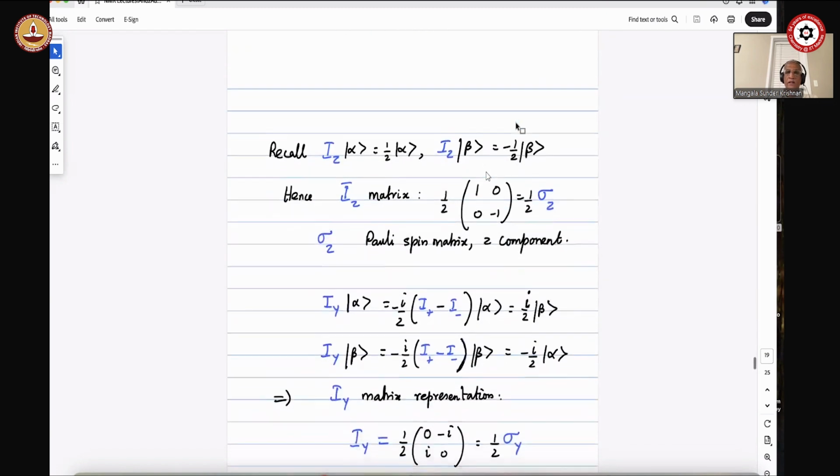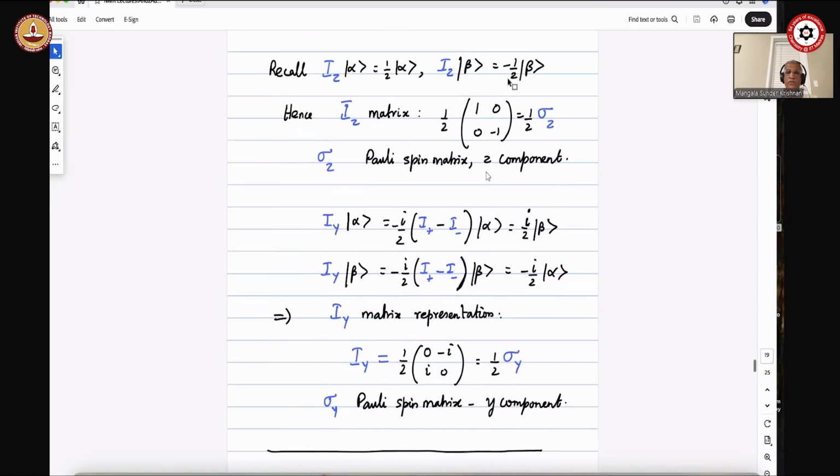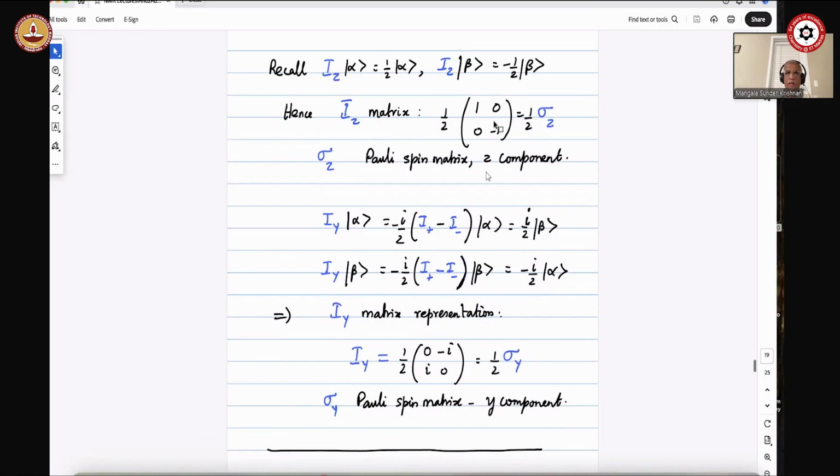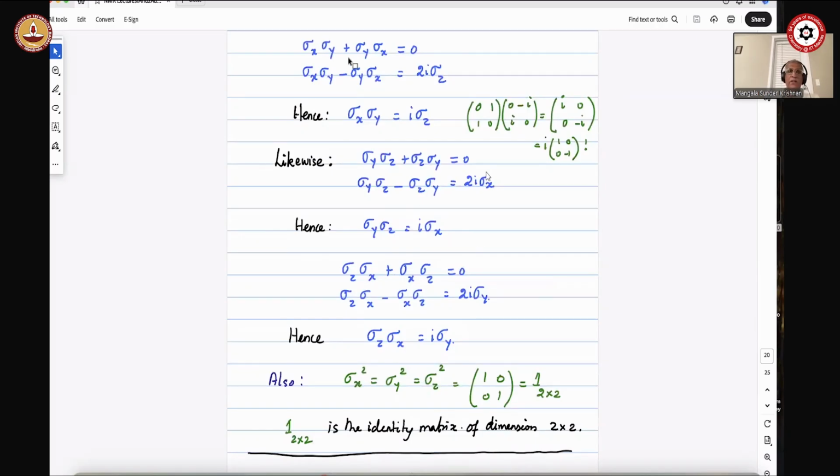Sigma y is 0, minus I, I, 0. Sigma z: 1, 0, 0, minus 1. You have three matrices. These three matrices have this beautiful property that they anti-commute, and their commutator gives you the third matrix. You can see that sigma y sigma z plus sigma z sigma y is 0.